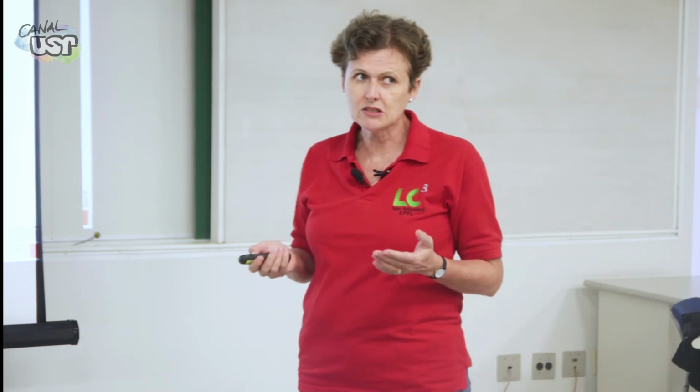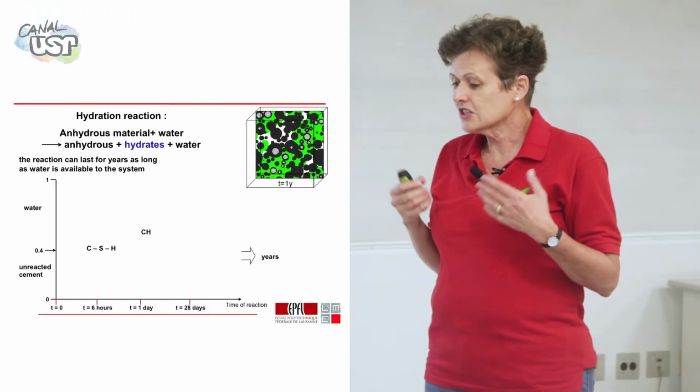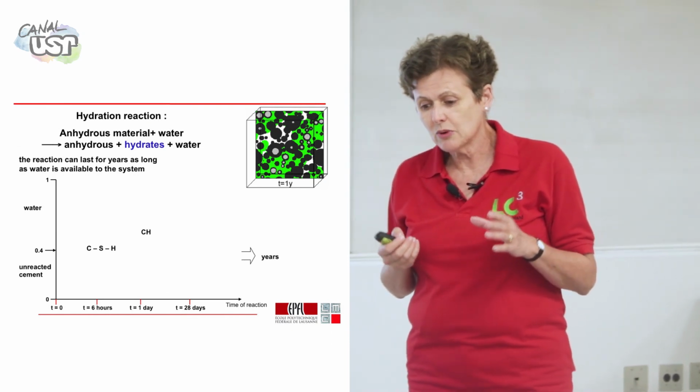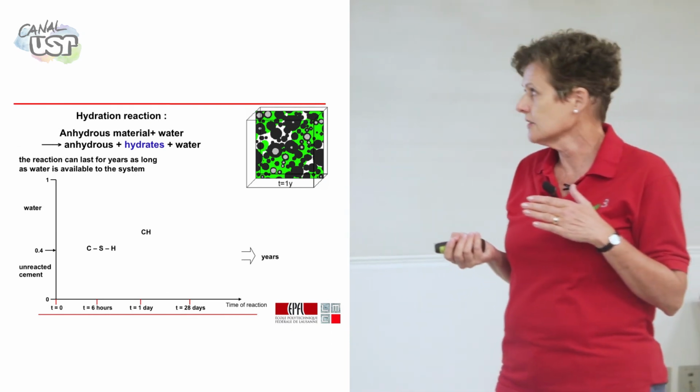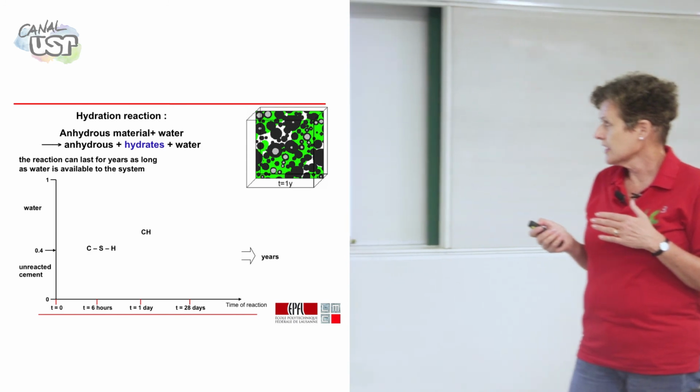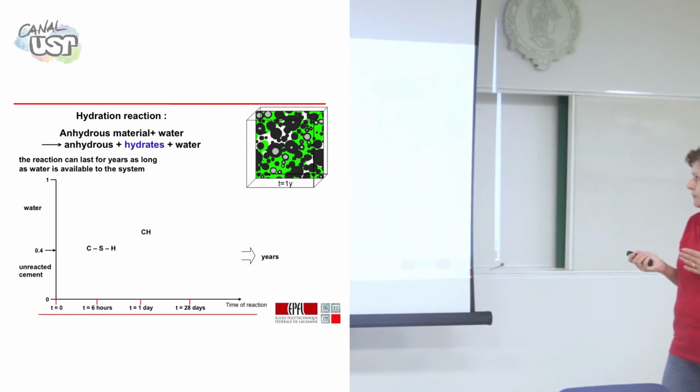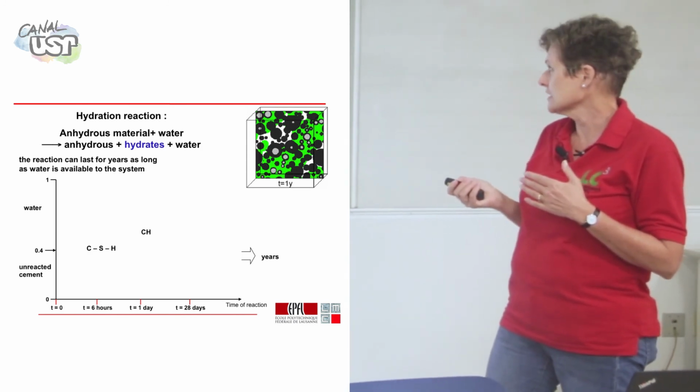So we're going to start with an overview of what we're trying to do when we make materials characterization of cementitious materials. Generally the idea is this. We have the hydration reaction, during which the anhydrous materials react with water to give us hydrates.